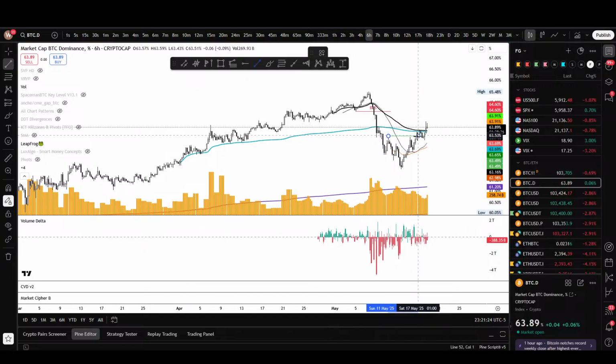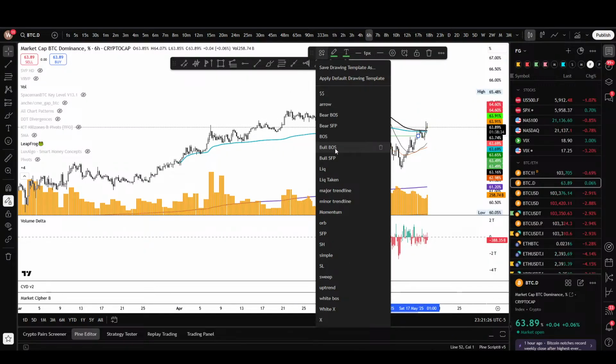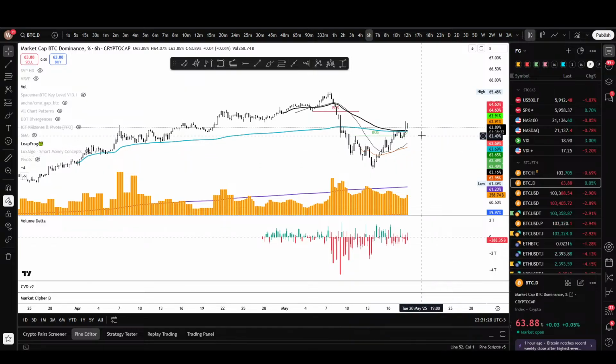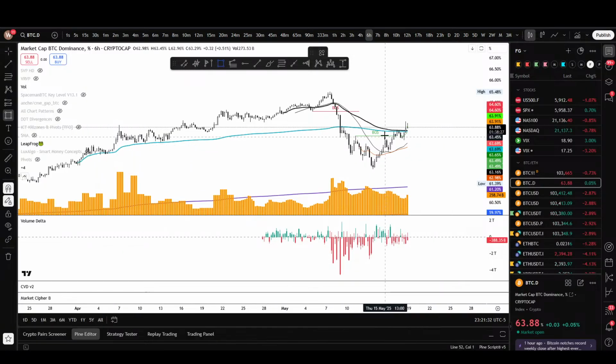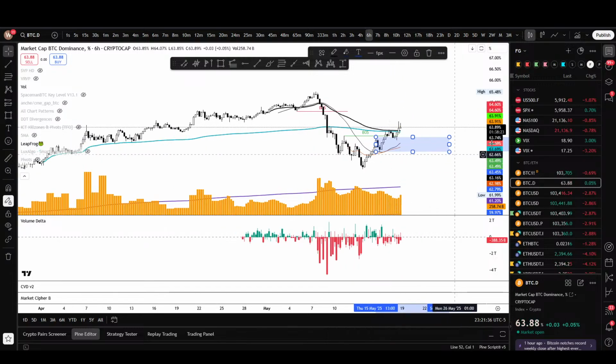Dominance flips back bullish. Retests, decision demands. And we're going up. Yeah, so dominance looks good.